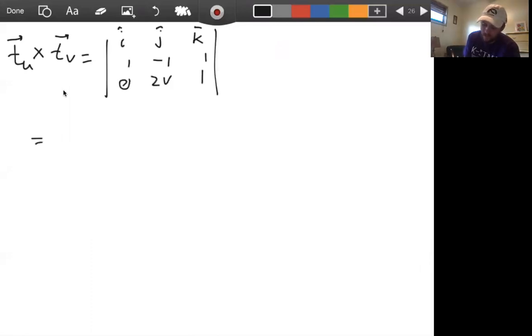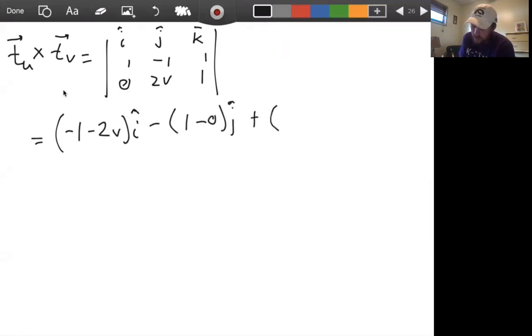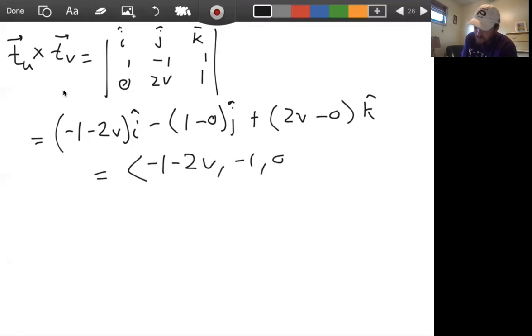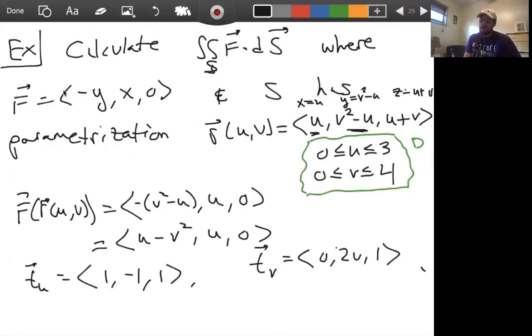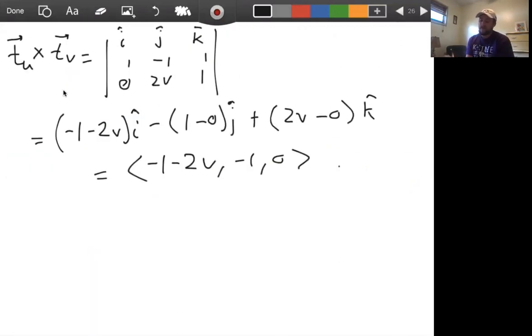We calculate their cross product to be (-1 minus 2v) i hat minus (1 minus 0) j hat plus (2v minus 0) k hat. And so T_u cross T_v is the vector -1 minus 2v, -1, 0. Awesome.